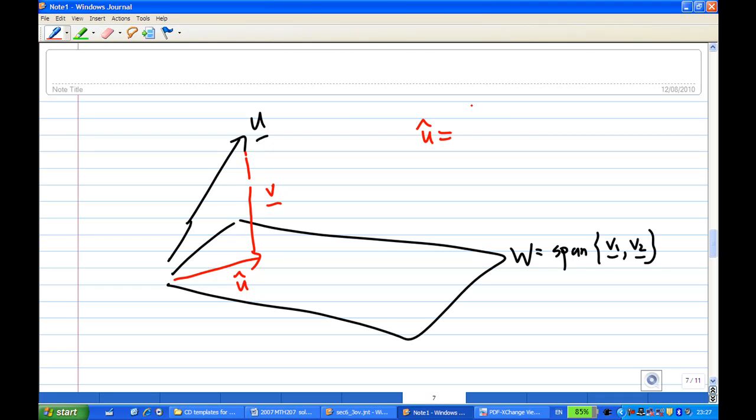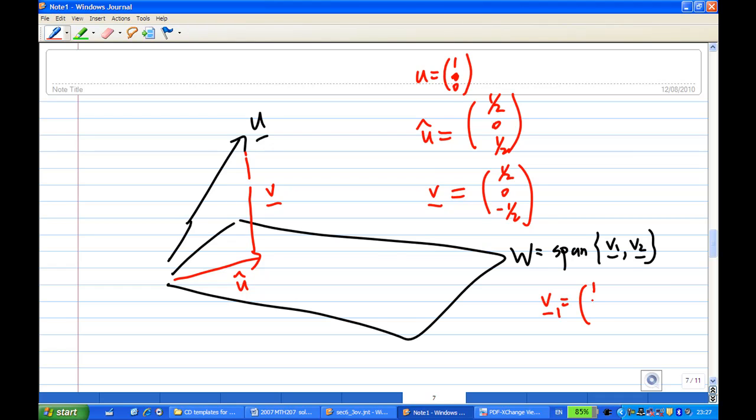U cap is (1/2, 0, 1/2) and V is (1/2, 0, -1/2), where U is (1, 0, 0), V1 is (1, 1, 1), and V2 is (1, -2, 1). That's the end of the recording.